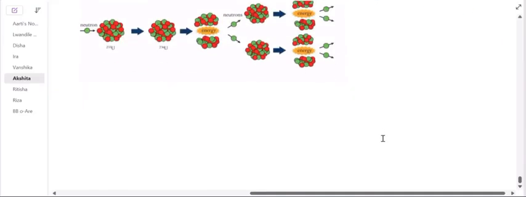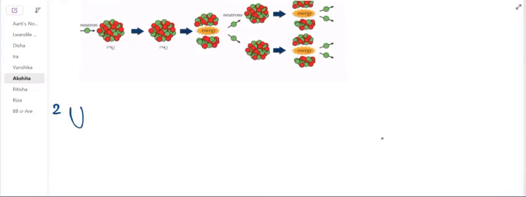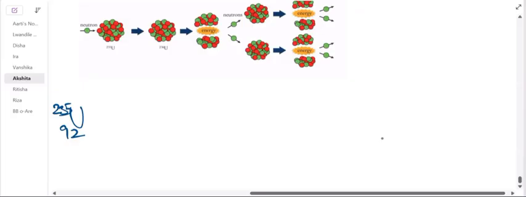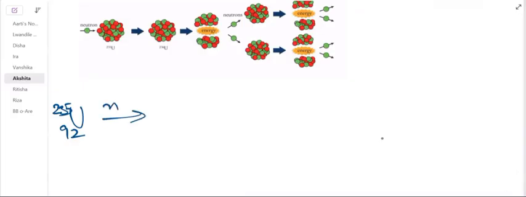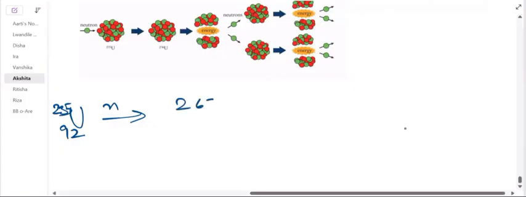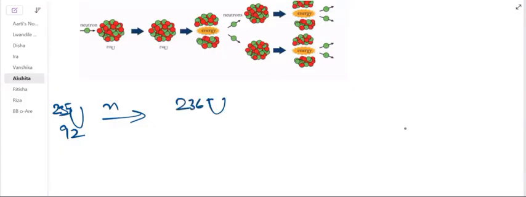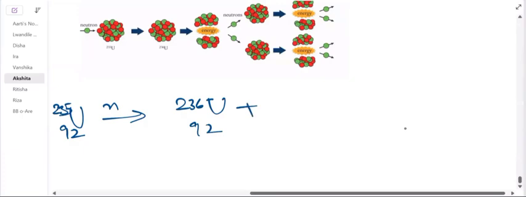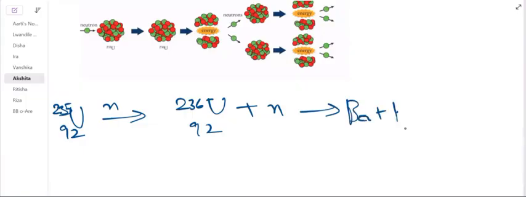Let me write it for you. So uranium 235 92 gets collided with the neutron, and it becomes uranium 236 92, which collides again with the neutron, and it will give you barium and krypton.